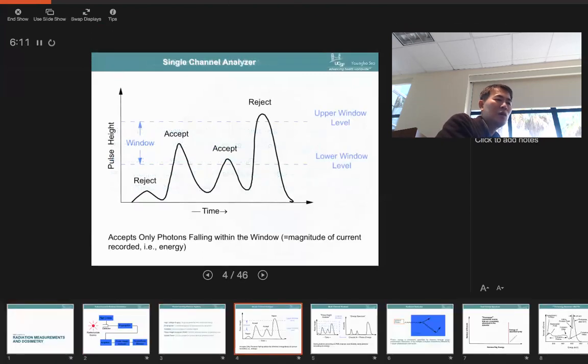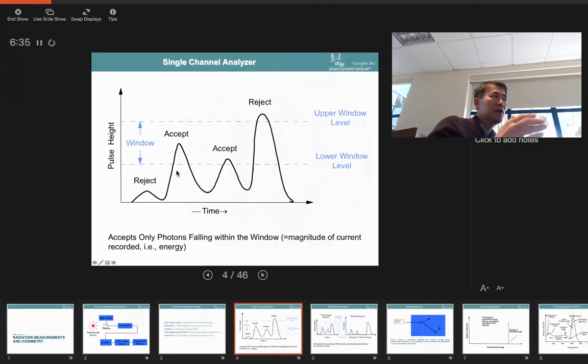So this is how kind of pulse height analyzer works when we have only one single channel. Single channel meaning that we are reading just one channel of information. Okay, I'll talk about multi-channel analyzer after that. So we want to talk about single channel analyzer first. So as I mentioned, that single channel analyzer is that depending on the pulse height.